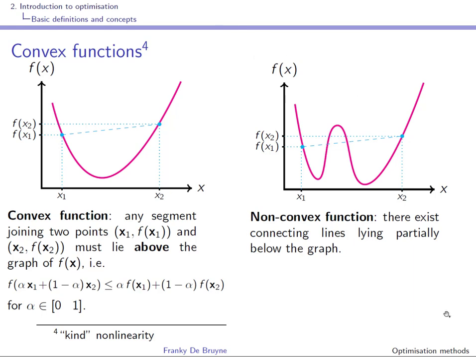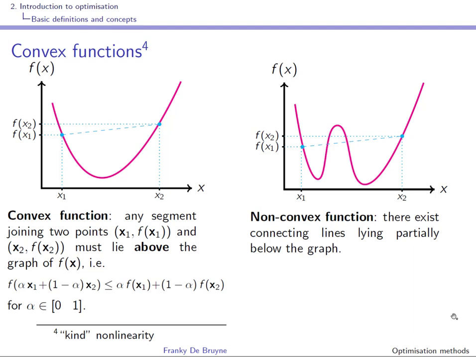We can now have a look at the definition of a convex function. The general definition that you see here below is for a function with input x that is in Rn and produces an output that is a scalar, but the representation that you see here above is for a function of one variable.